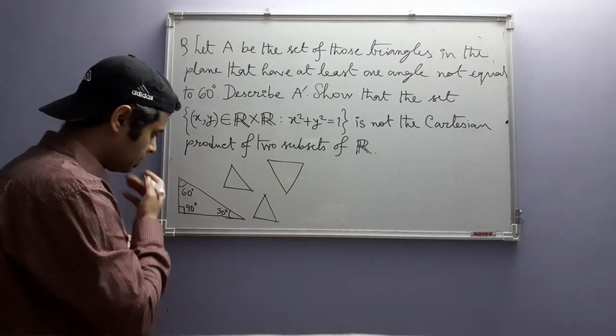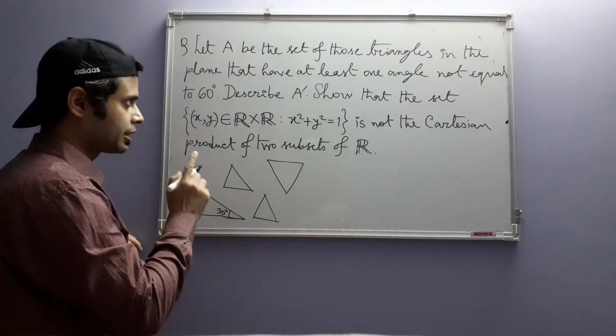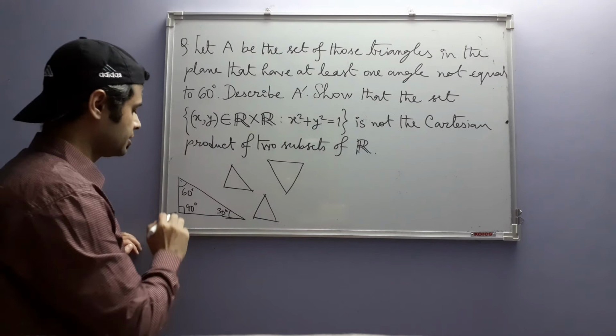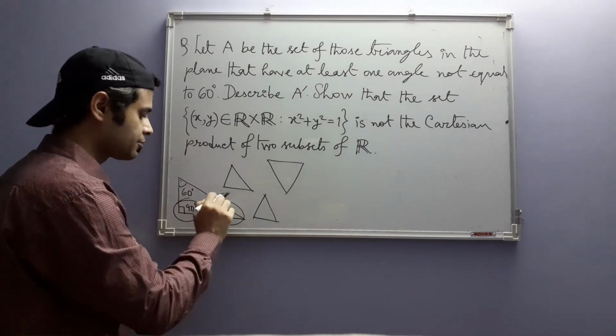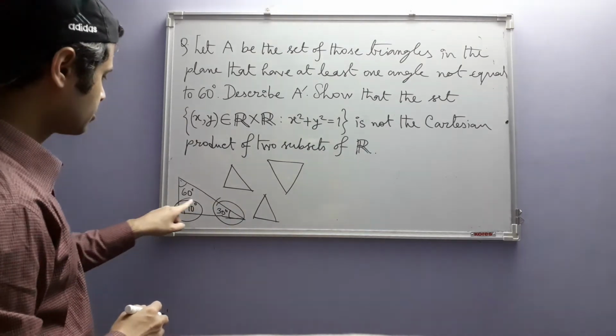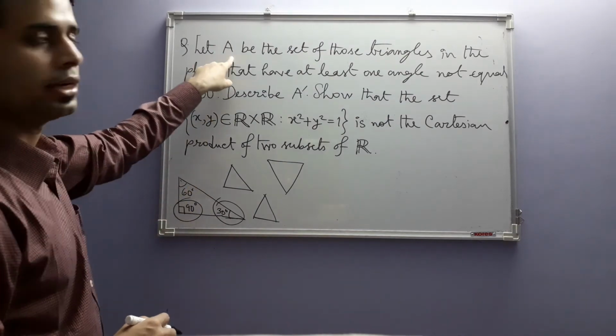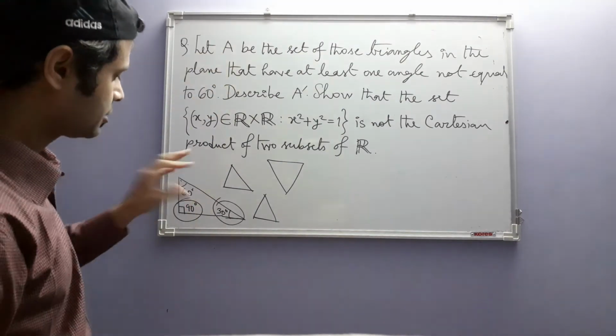So here at least one angle has to be not equal to 60 degrees. Here we have two angles not equal to 60 degrees. So this is a triangle in this set. So A is the set of such triangles.